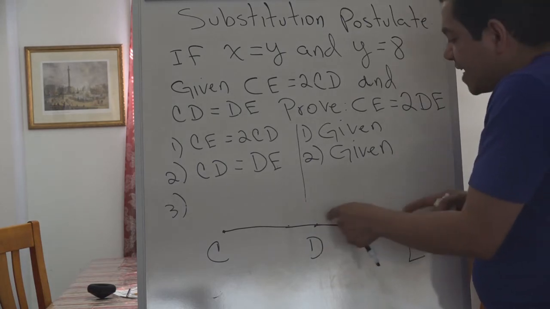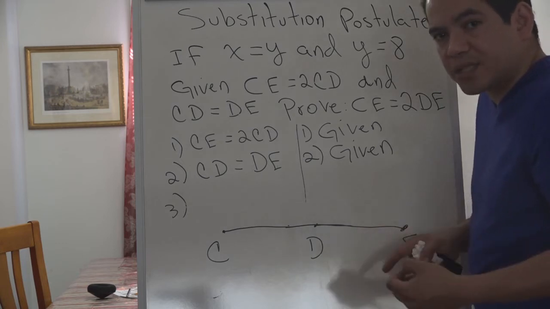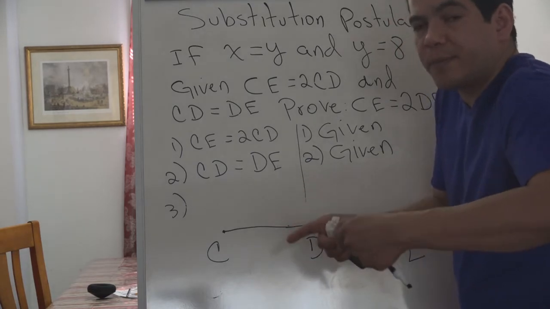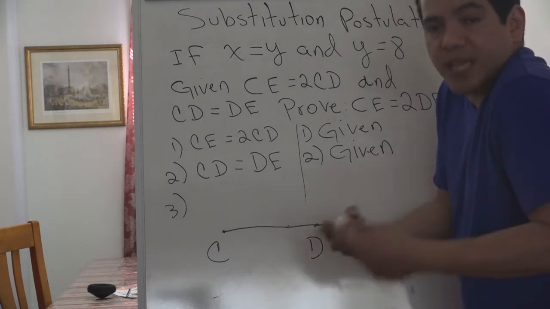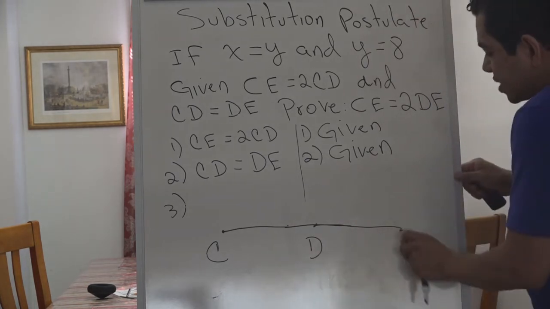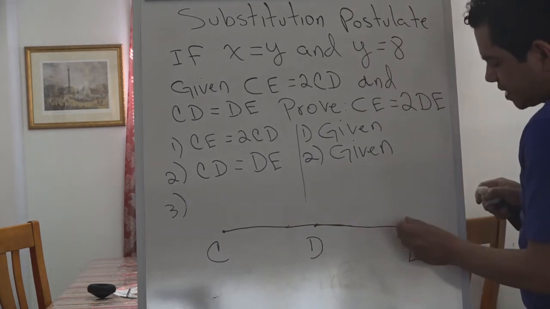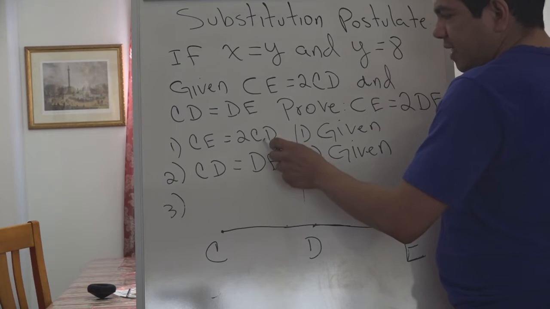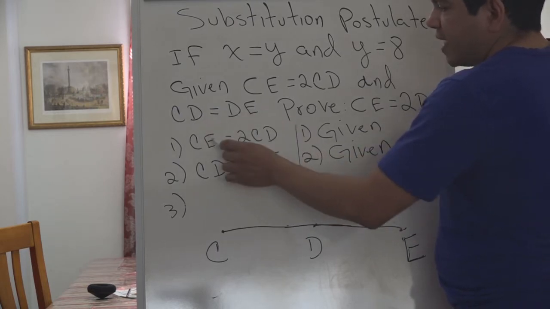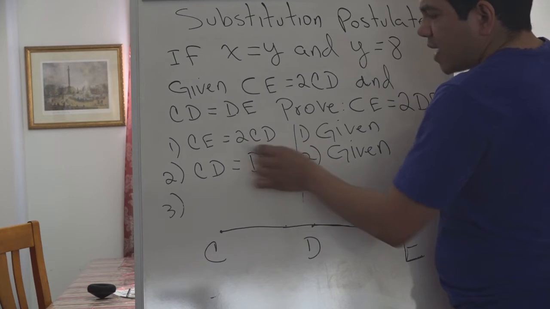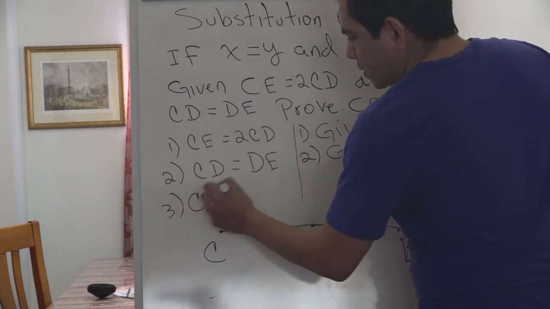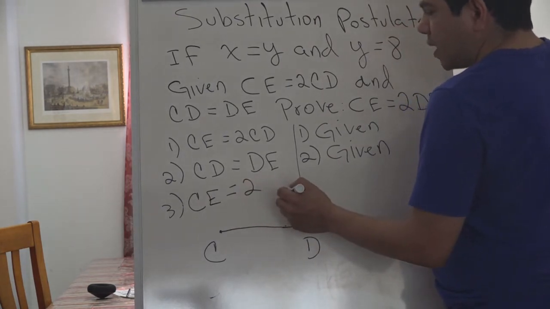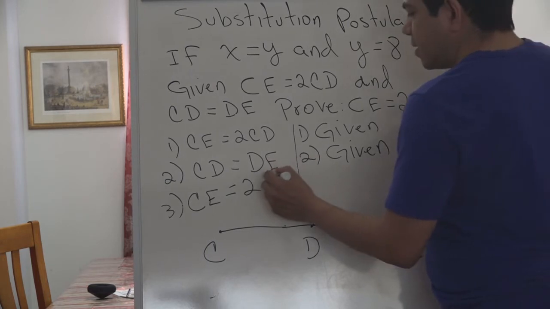So that is why we can use the substitution postulate. Equal quantities may be substituted by equal quantities. Got it? Alright then. So now what can I conclude? Knowing that CD is equal to DE, if CE is twice CD, then CE may also be twice DE.